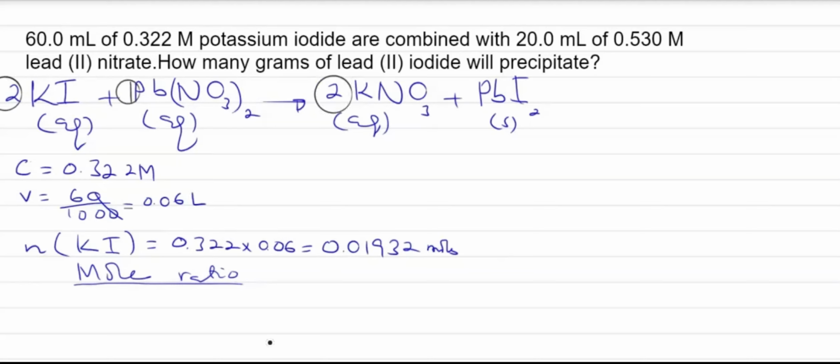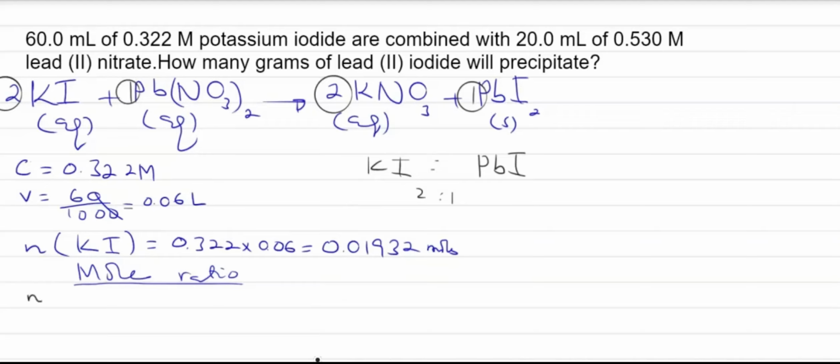So the mole ratio is 2 to 1 between potassium iodide and lead iodide, and therefore we divide by 2.